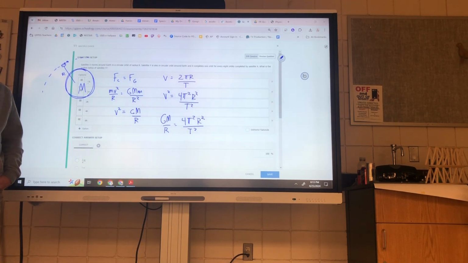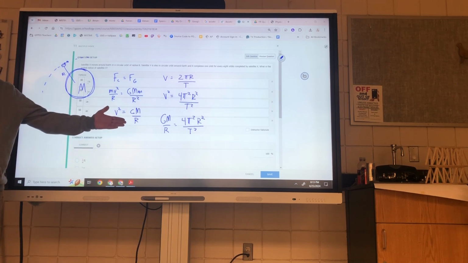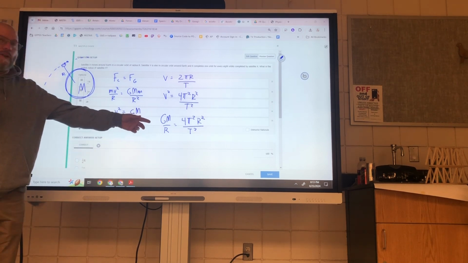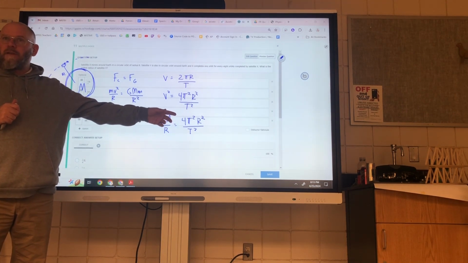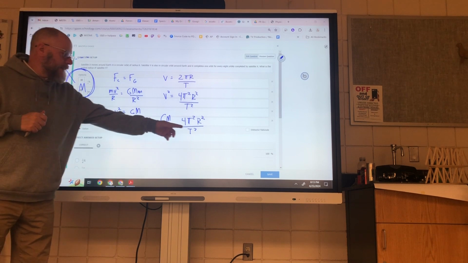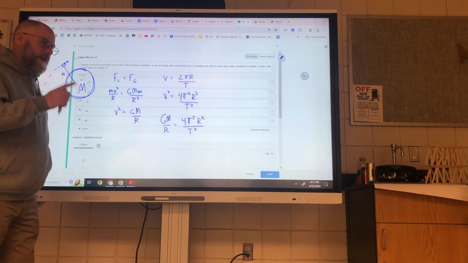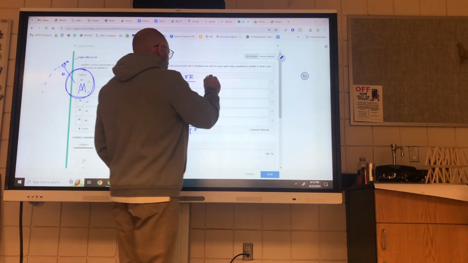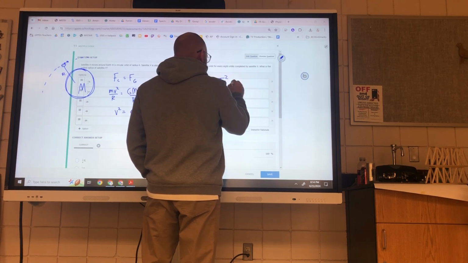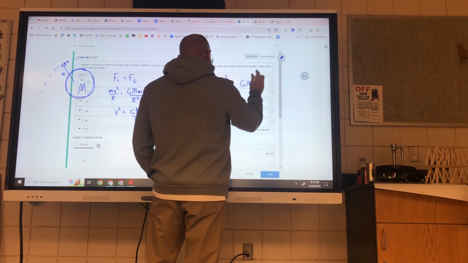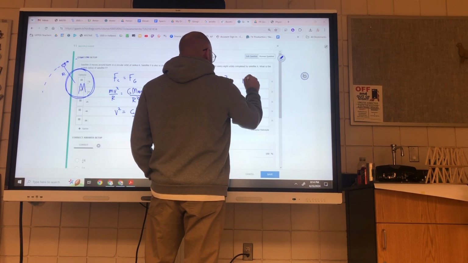Now, interestingly enough, so often I try to cancel stuff. Can you cancel anything here? No, but I think you should collect all your r's together. Does that make sense? So I'm going to move my T up here and move my r down here, and I end up with T squared over r cubed is equal to 4 pi squared all over G M.